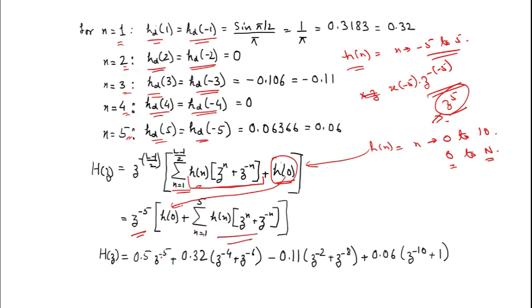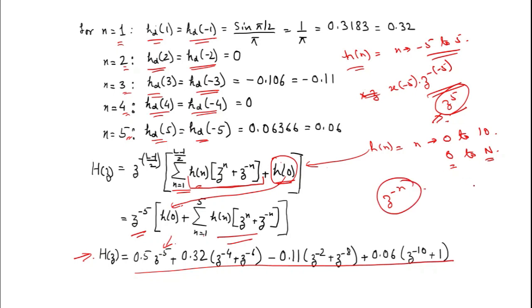So what it does is that it allows you to generate the transfer function where you have all the z operators in the form of z to the power minus n.